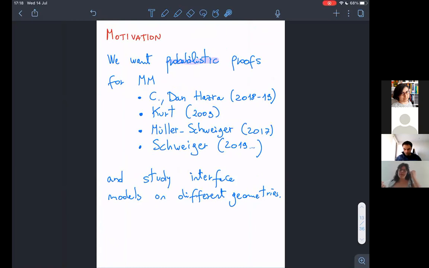And here I want to mention that when one tries to study the membrane on Z^d, one doesn't have the random walk representation, but what one can use are techniques from numerical analysis, essentially. So you can try to approximate the continuum boundary value problem with a discrete one.